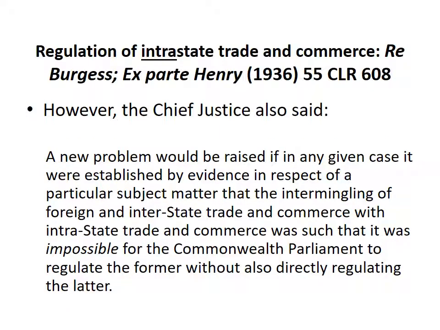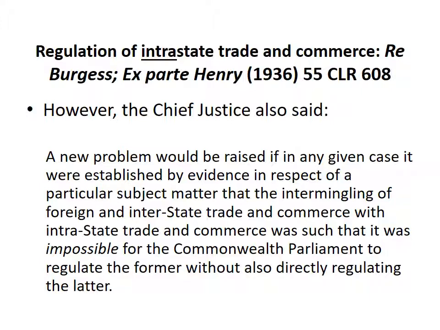However, the Chief Justice also said, "A new problem would be raised if in any given case it were established by evidence in respect of a particular subject matter that the intermingling of foreign and interstate trade and commerce with intrastate trade and commerce was such that it was impossible for the Commonwealth Parliament to regulate the former without also directly regulating the latter."